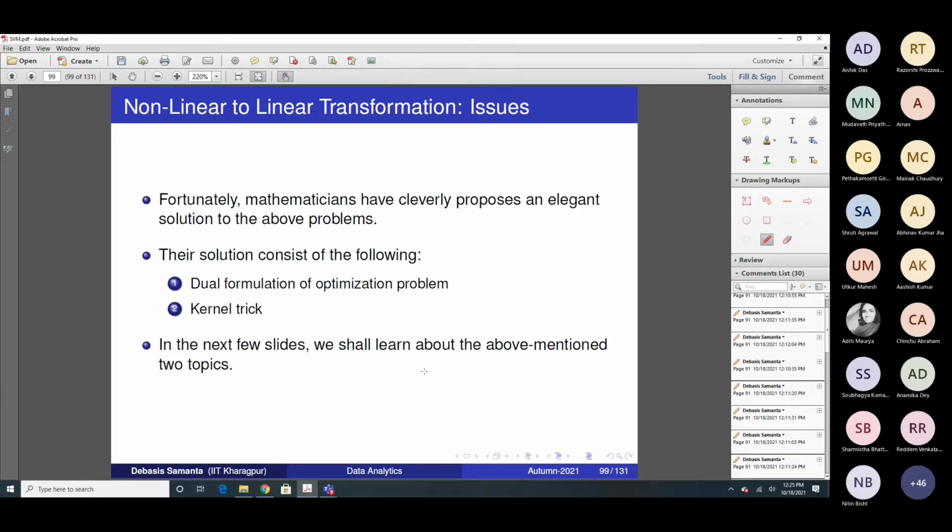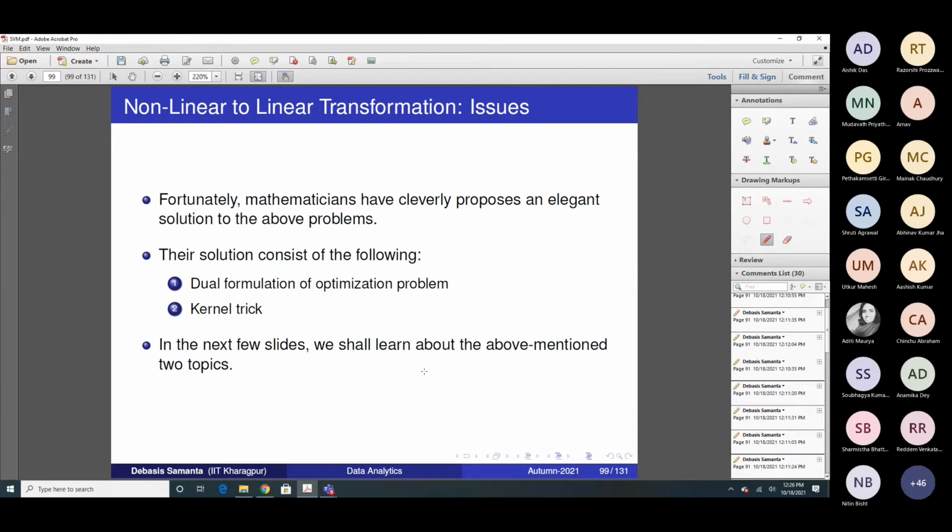If there are n constraints, then each constraint is multiplied by the corresponding Lagrangian multiplier lambda i. So the summation, i equals 1 to n, of lambda i times the i-th constraint. This is the Lagrangian form we have already discussed.